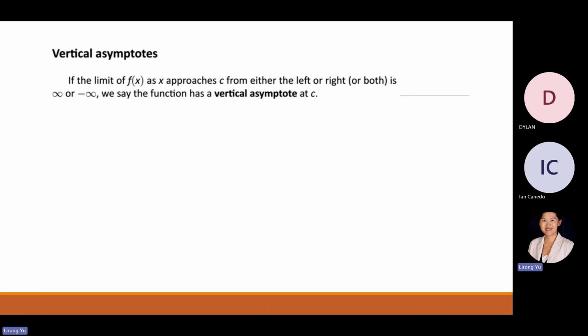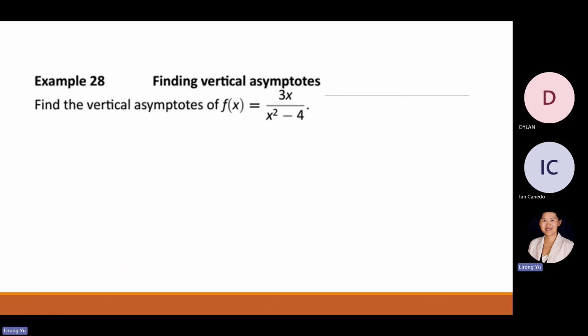Of course, it's an x value. So a vertical asymptote is a particular x value that causes the y value to increase without bound or decrease without bound. Whenever y goes to infinity and x is a finite number, that x value is a vertical asymptote.